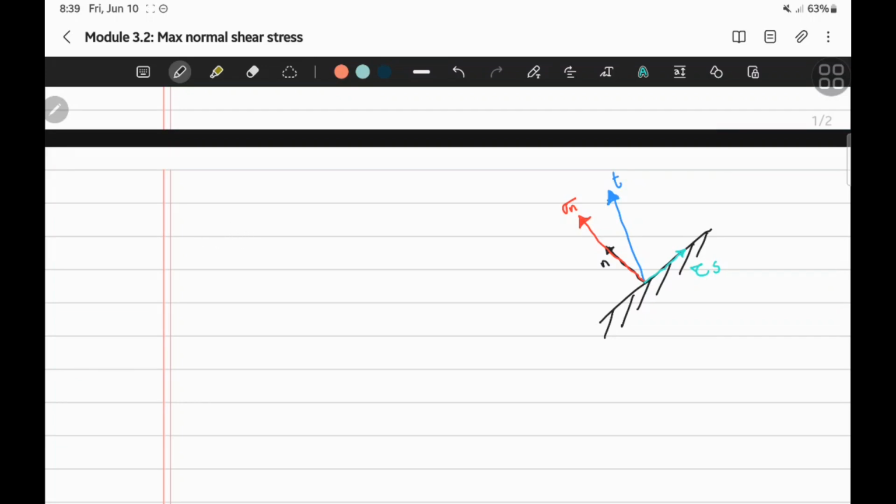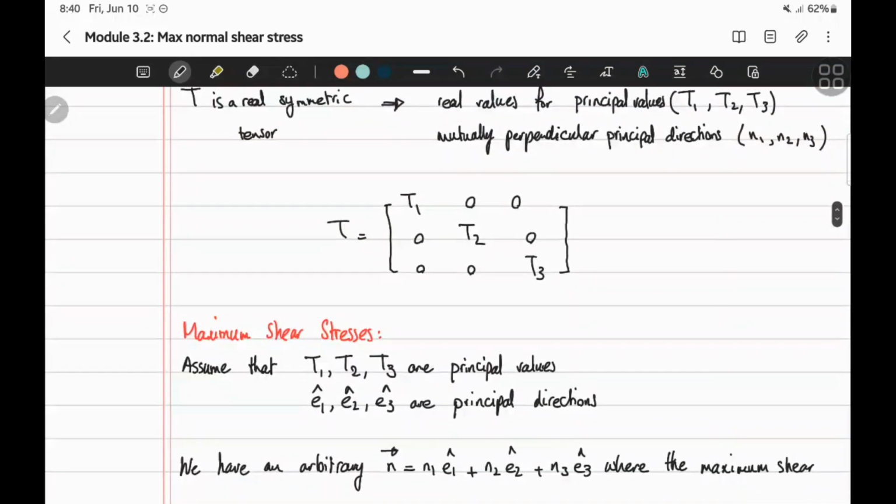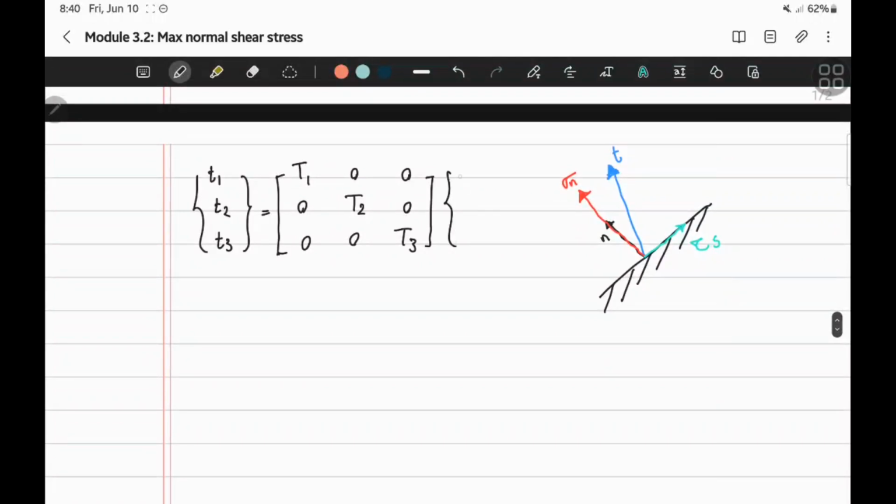So T is, let's say, T1, T2, and T3, which are the eigenvalues or the principal values from our maximum principal stress, times N1, N2, and N3, which is our unknown in this problem.